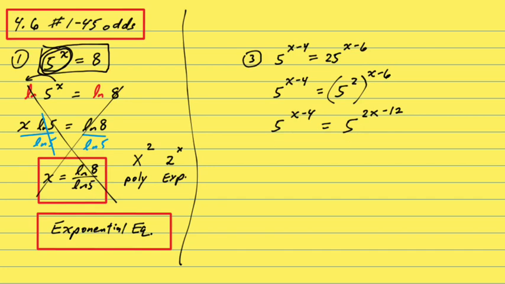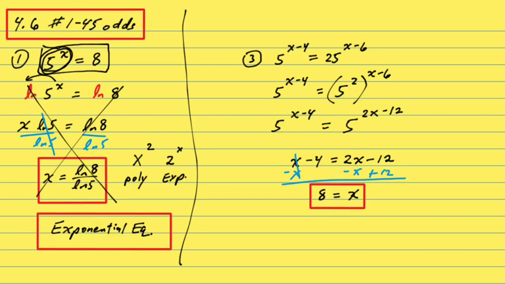That means the exponents have to be equal. So x minus 4 equals 2x minus 12. Subtract x, add 12, and I think you get 8. Again, I subtracted x, making a 1x. I added 12, which does give me 8.